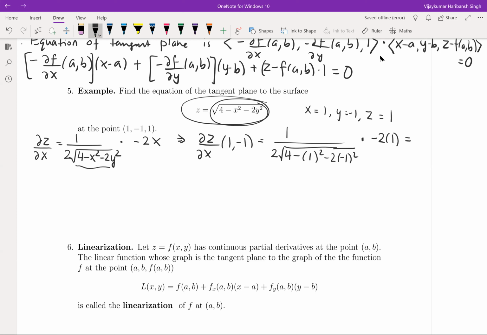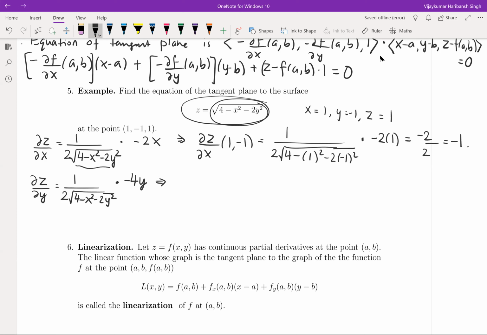So this will give us minus 2 over 2, which is minus 1. Now let's compute the y. Again, same thing, apply the chain rule, multiplied by derivative of inside, which is going to be minus 4y.